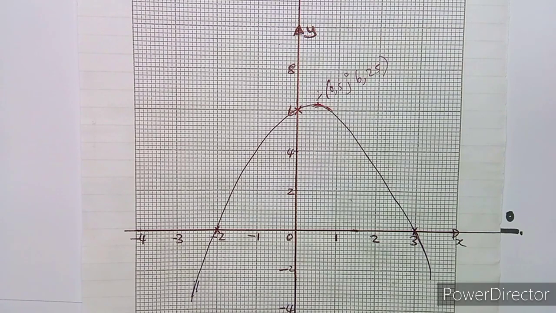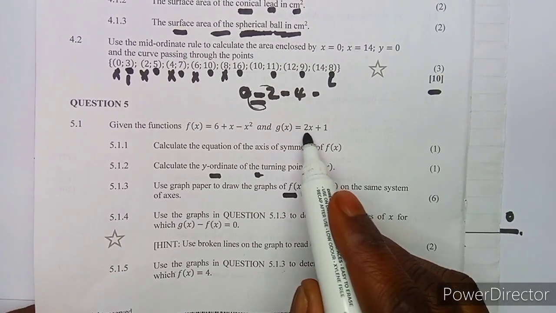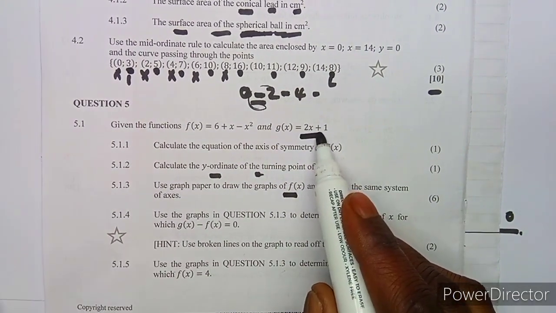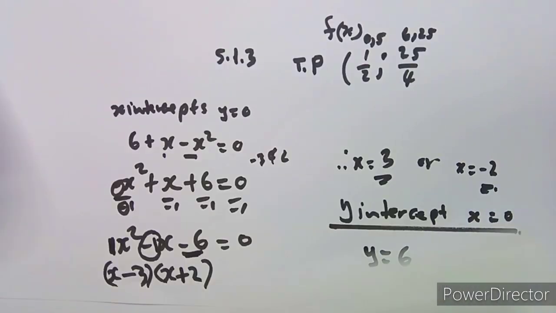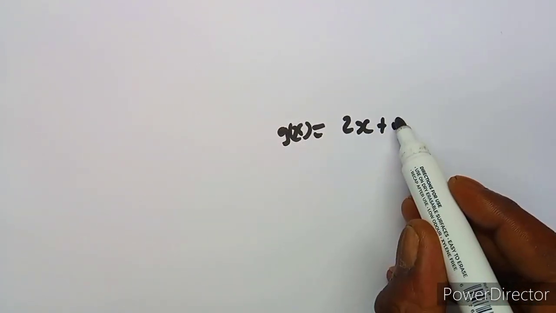Then we also have a straight line, because these are the two that we need. On a straight line, we are just going to find the x-intercept and the y-intercept. So it's going to be easier this time. It's just g(x) is equal to 2x plus 1.